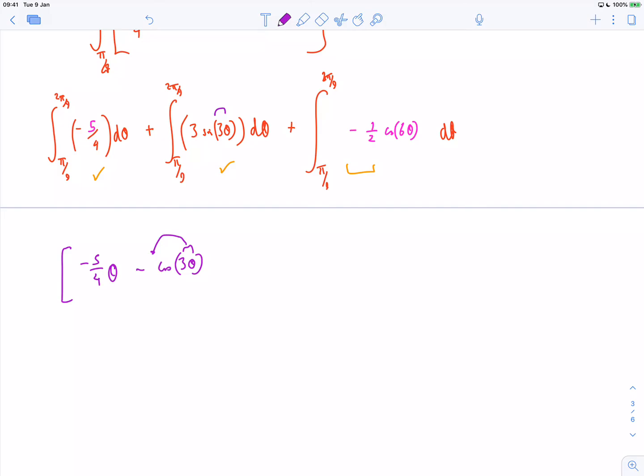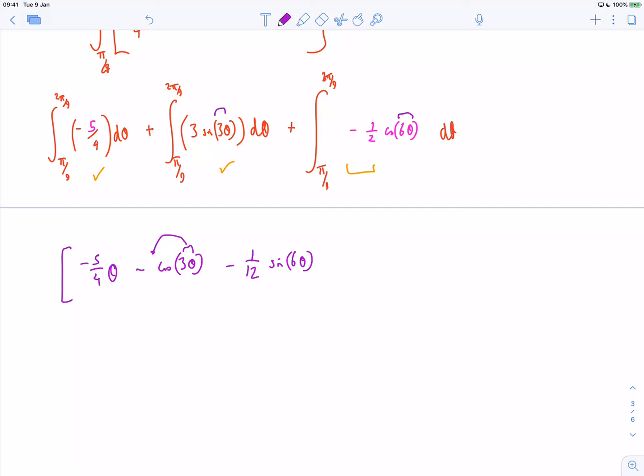Next up, minus a half cosine 6 theta. Well, cosine integrates to minus sine. No. Cosine integrates to sine. But there's a minus there, so it'll be a minus sine of 6 theta. But then I'm going to have to divide by the argument differentiated, so that's 6. So I believe that's going to be a minus a 12th.